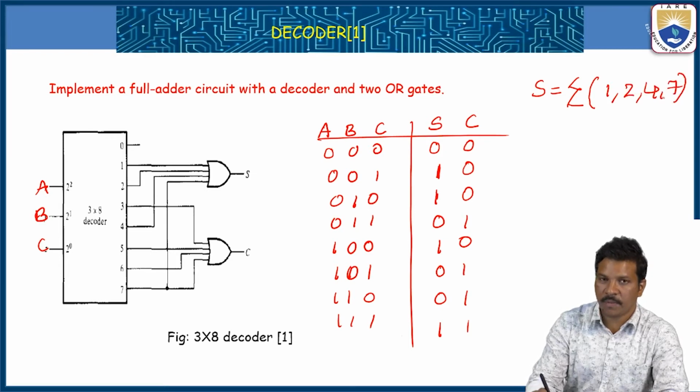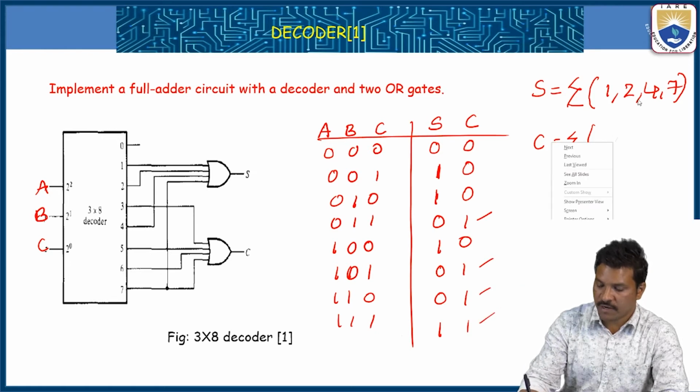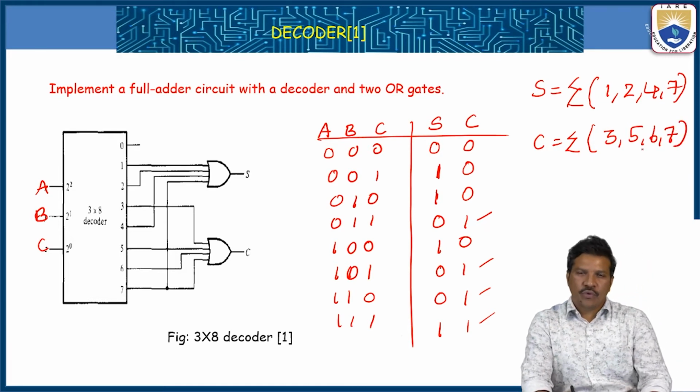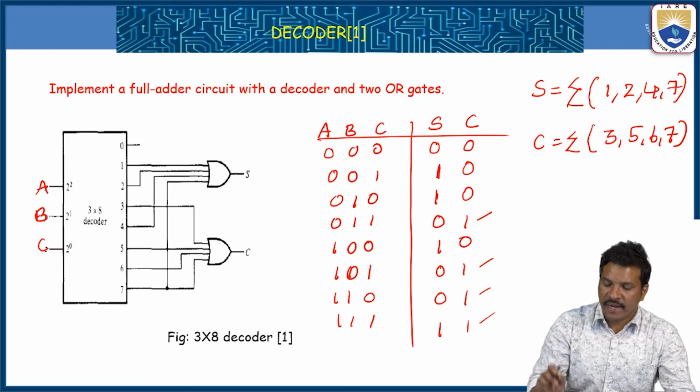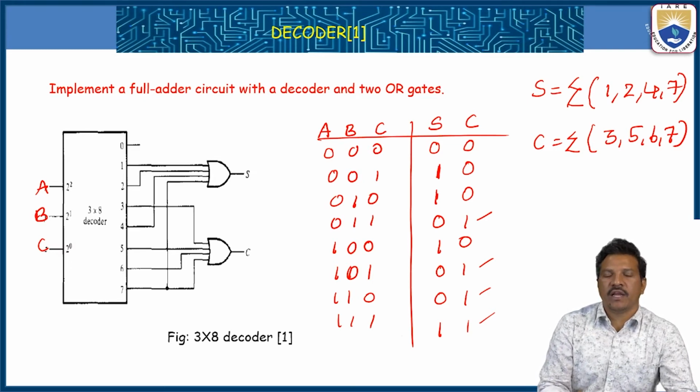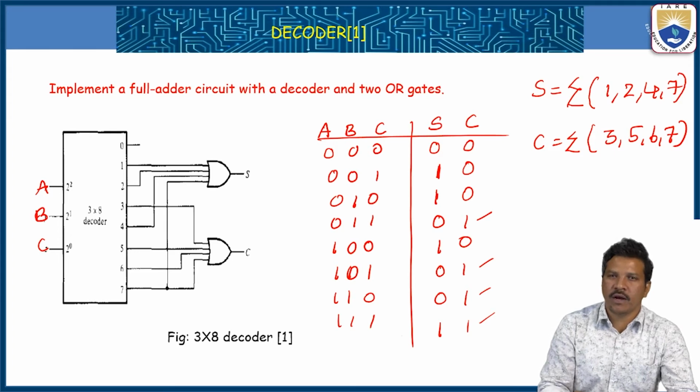This is the minterm representation of sum. Carry is equal to summation of 3, 5, 6, 7. If you have minterms, take those minterms and sum them together with the help of an OR gate, and you will get the corresponding output.